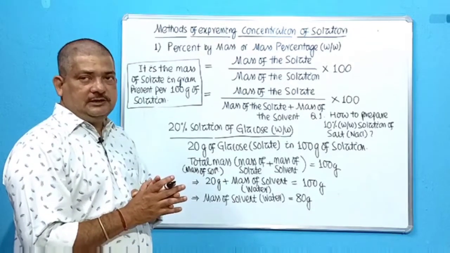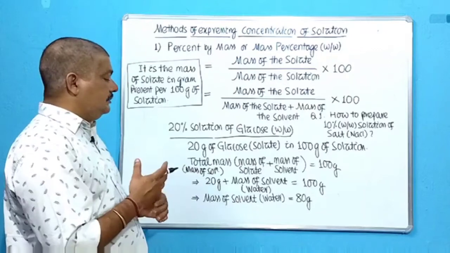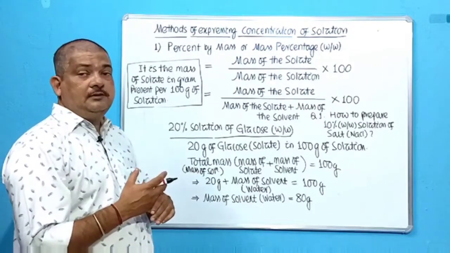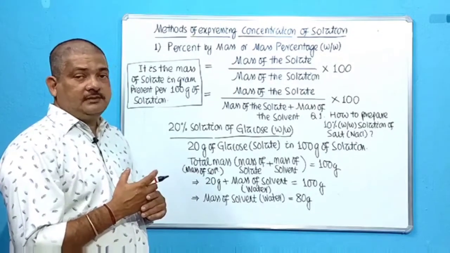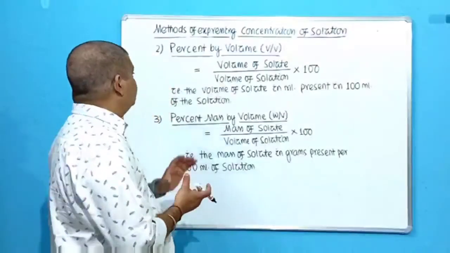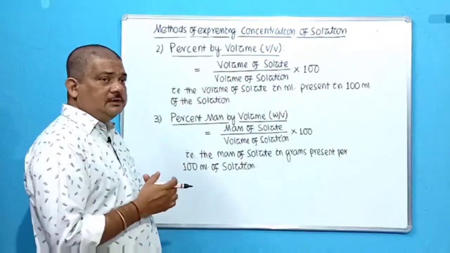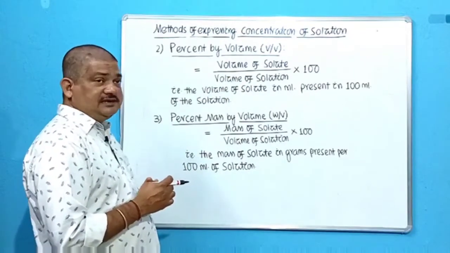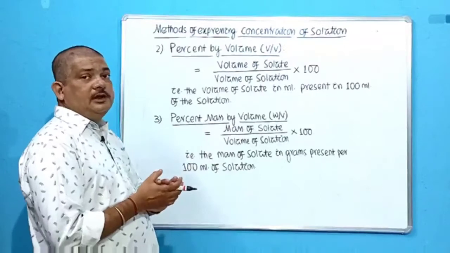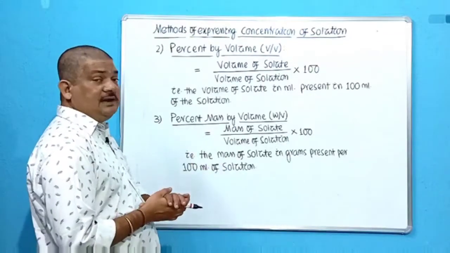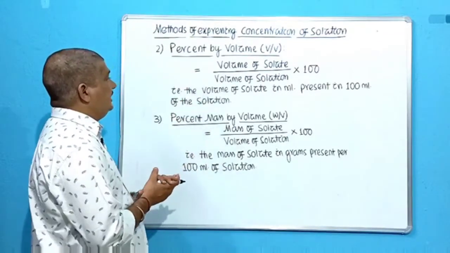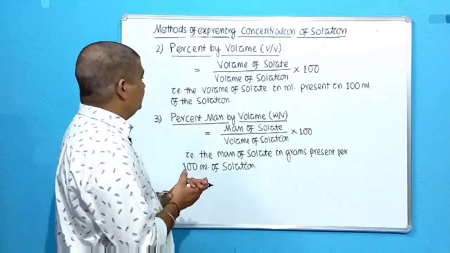Okay. So next we will be discussing the number 2, that is W by V. So students, next two methods of concentration expression is percent by volume. We have discussed W by W percent, that is mass by mass. So next obviously will be volume by volume and mass by volume. So next one is percent by volume, V by V percentage.